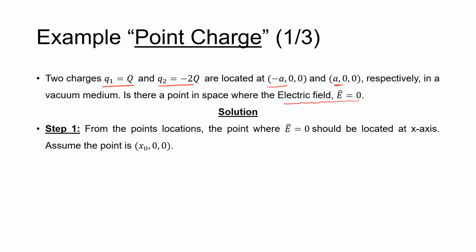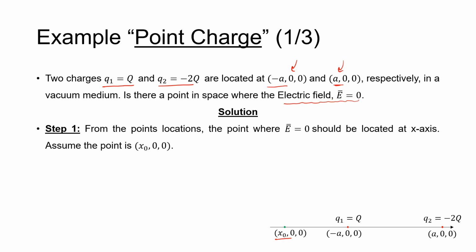From the points which we have here, we can understand that this will occur on the x-axis. Why? Because both charges are located on the x-axis. So at some point x naught, 0, and 0, the field will be equal to 0. So let's solve directly, and later we will have some notes.